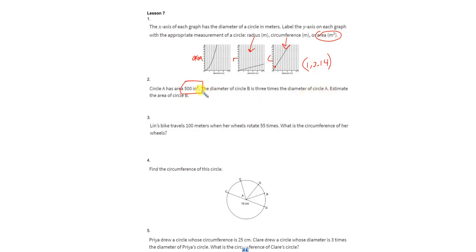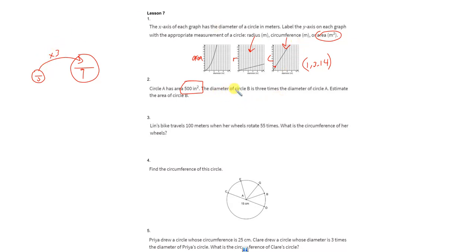Well, that doesn't mean it's going to be 3 times bigger in area, because we learned this back when we were doing scale drawings. If you have a shape and a larger shape whose sizes are scaled up by 3, yes, maybe this went from 3 to 9 in diameter, but the area grows by the square of the scale factor.